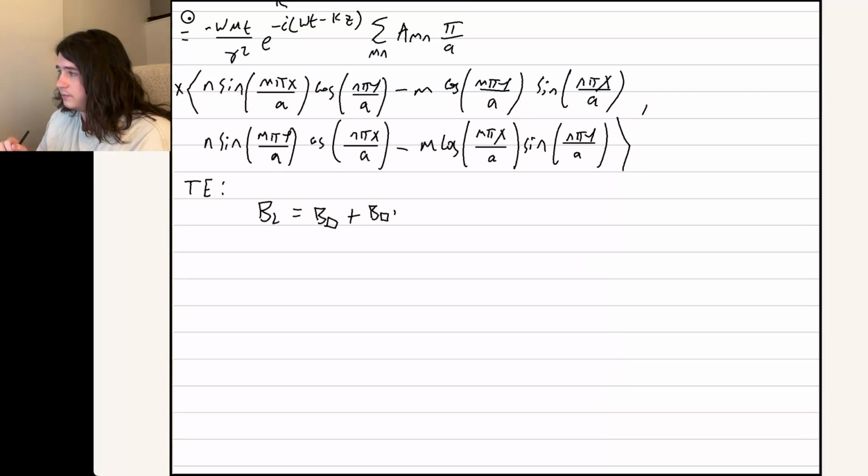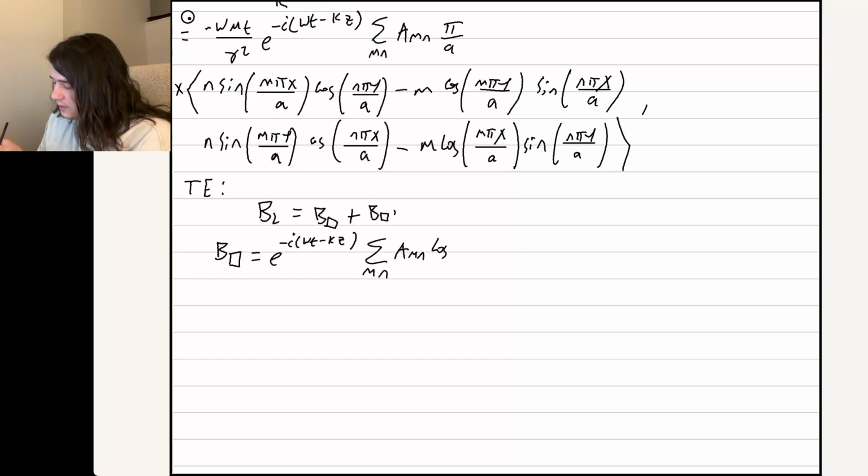So the solution for a longitudinal magnetic field in a square is given by e to the minus i omega t minus kz, sum over m and n, a_mn cosine m pi x over a, cosine n pi y over a.